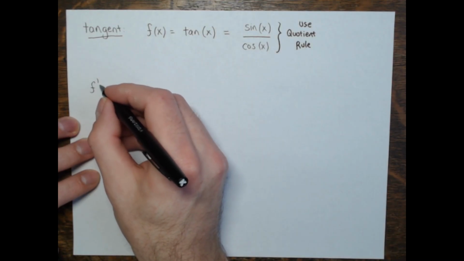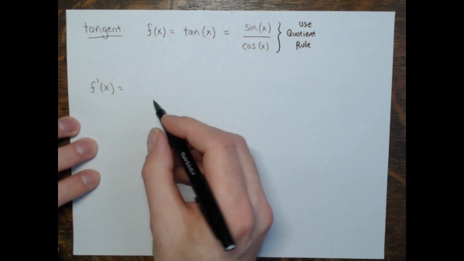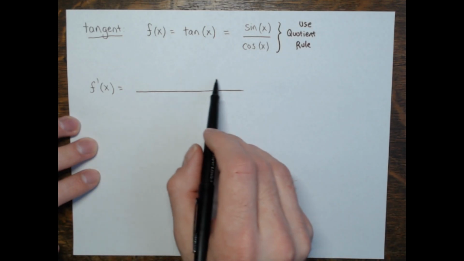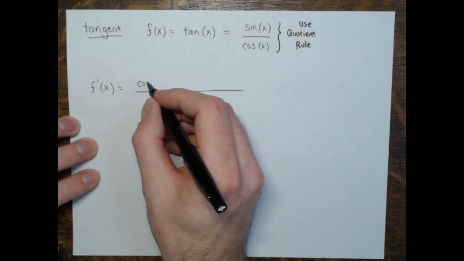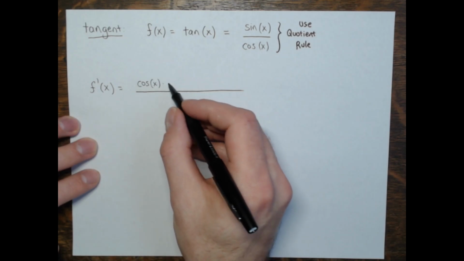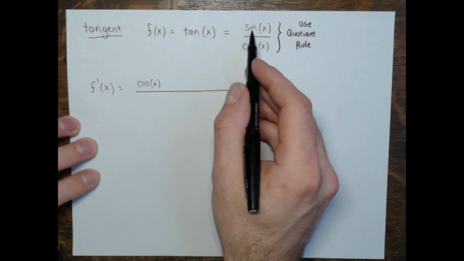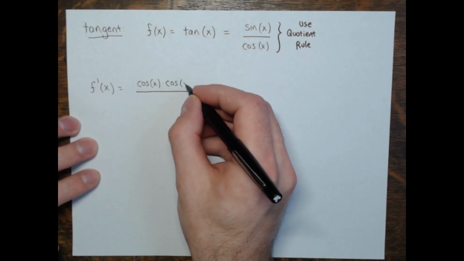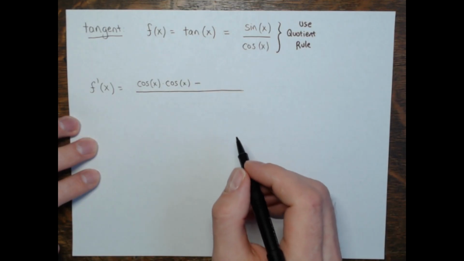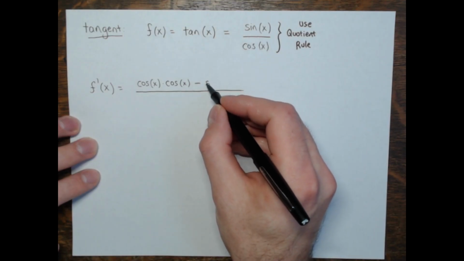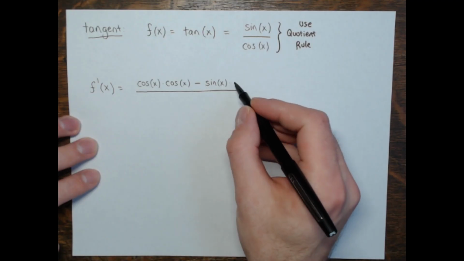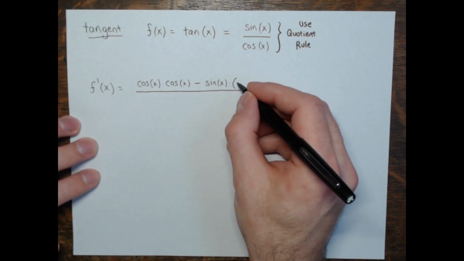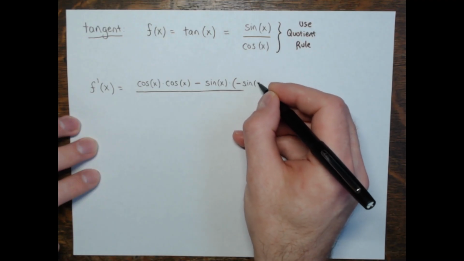So then f prime, our derivative of the tangent function using the quotient rule, make a big bar up top here, the denominator the way it was, times the derivative of the numerator, and we just saw the derivative of sine of x is cosine of x, then minus the numerator the way it was, sine of x, times the derivative of the denominator, which is the derivative of cosine of x, which we just saw is negative sine x, or the opposite of the sine of x.